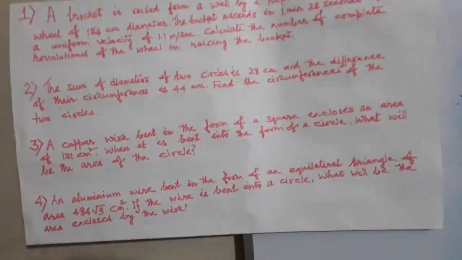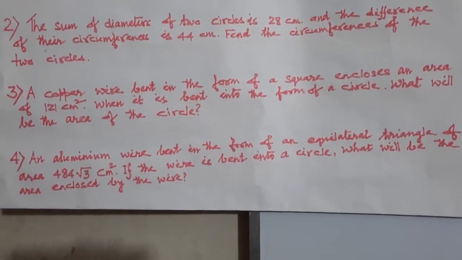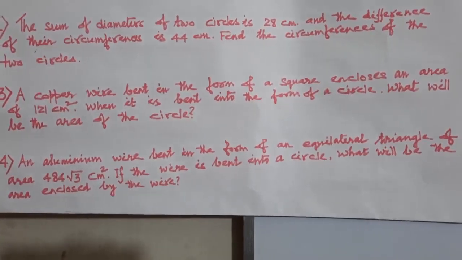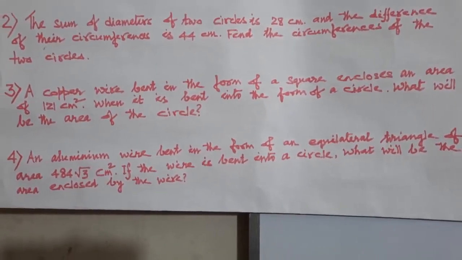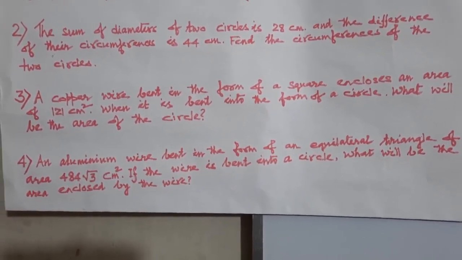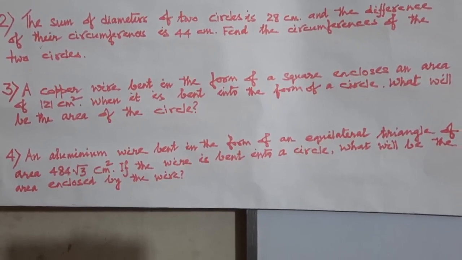Now, problem 3. A copper wire bent in the form of a square encloses an area of 121 centimeter square. When it is bent into the form of a circle, what will be the area of the circle? So first, the copper wire bent into the form of a square.